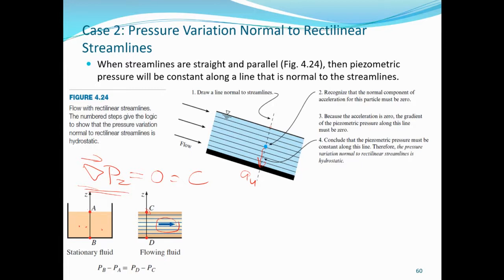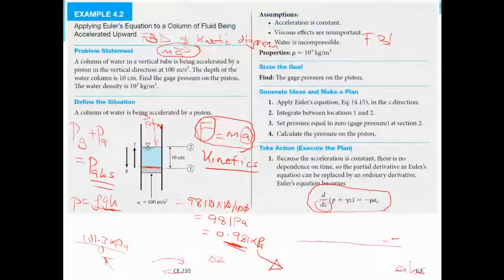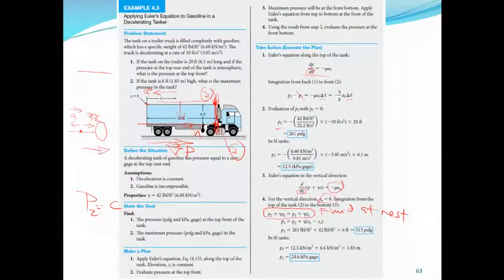So this will give us delta P, but along the vertical line. That is why here we are not considering this, because it has to be the same vertical point.